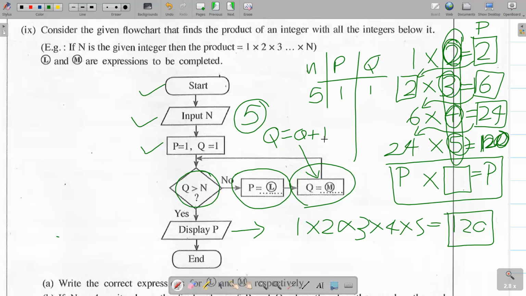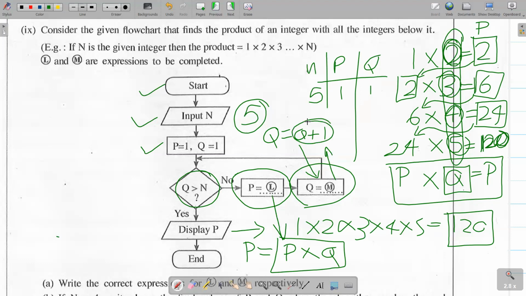And here it's going to be Q. So we can write P equals P into Q. Right? So P into Q is going to be the answer for L. Q plus 1 is going to be the answer for M. People, is that clear?